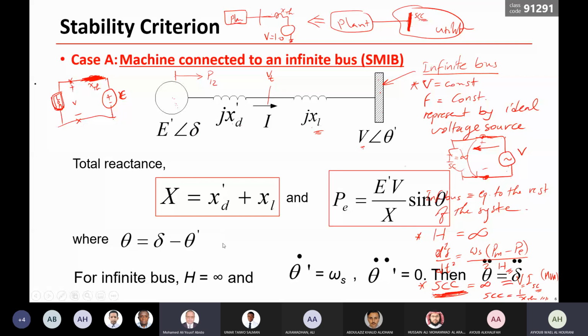Thank you, Doctor. So the speed here is constant, and if H equals infinity, and you substitute in this equation, the acceleration equals 0. So theta double dot equals 0, and then in this case, theta double dot equals delta double dot.